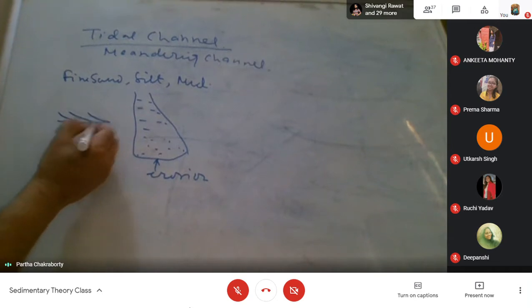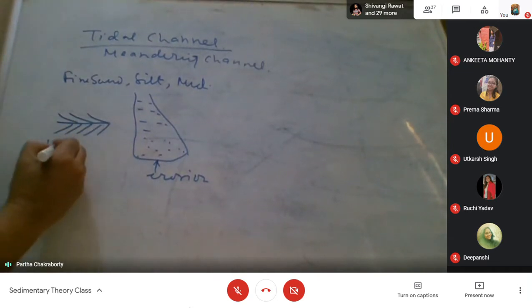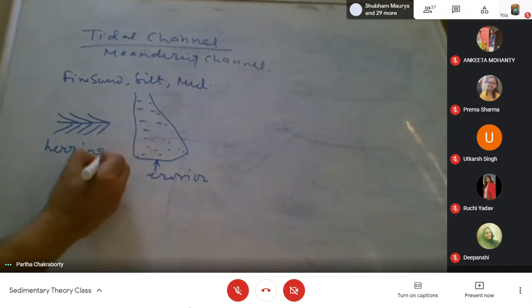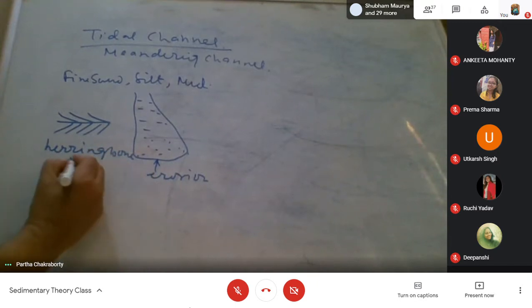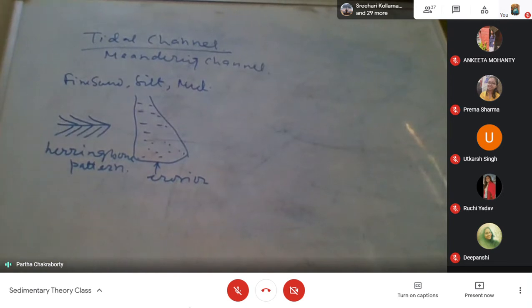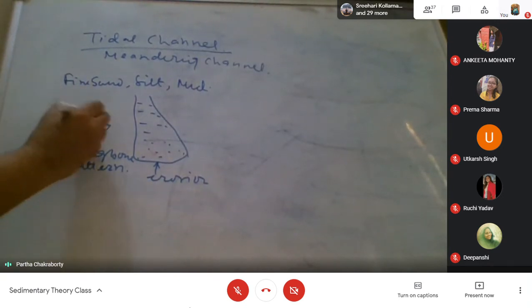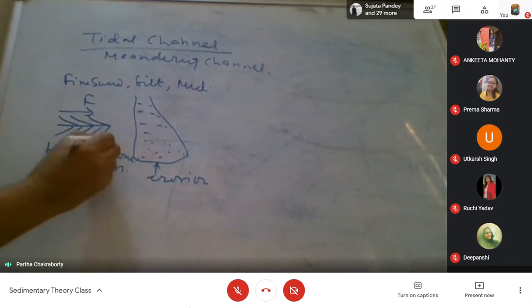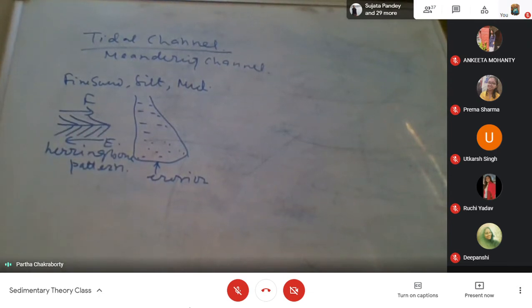Cross stratification, which may show you the herringbone pattern. And this herringbone is basically an indicator of tide.